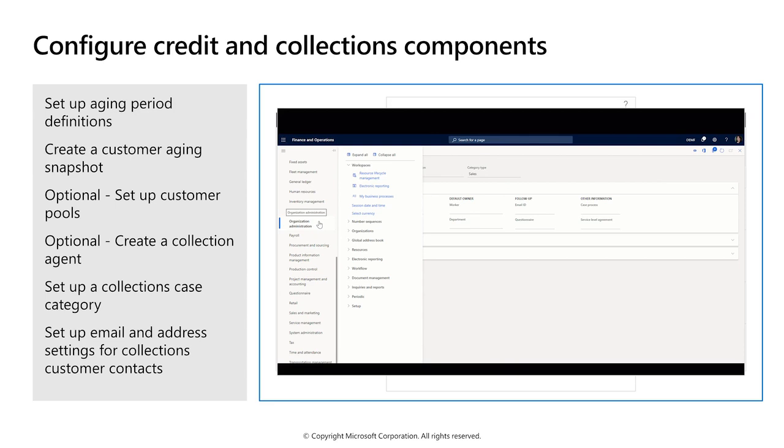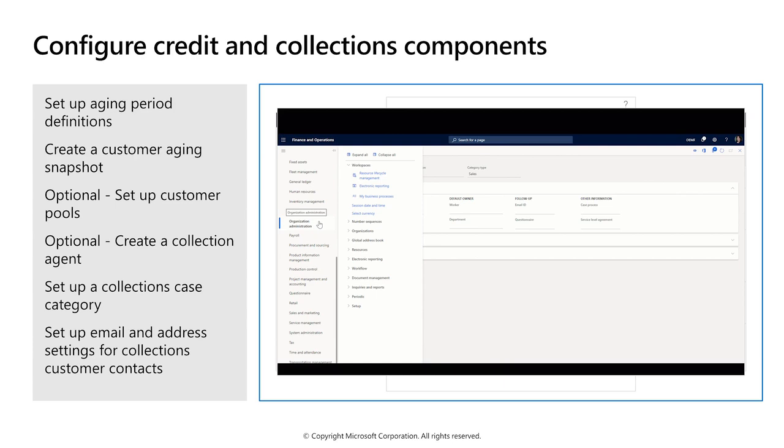We can assign customer pool, customer queries to collection agent to help the agent organize their work. The collection agent are added to the team that is selected on the account receivable parameter page. If a team isn't selected on the page, a new team that is named collection is automatically created and the collection agent are added to it.